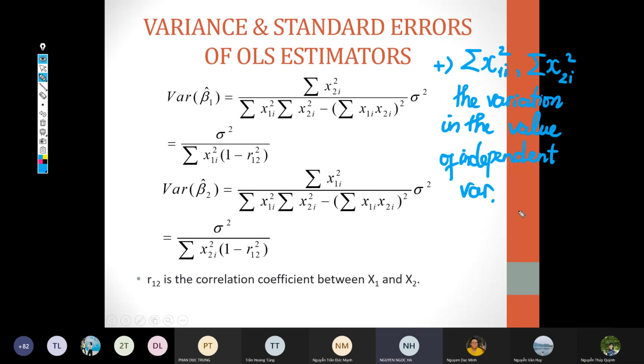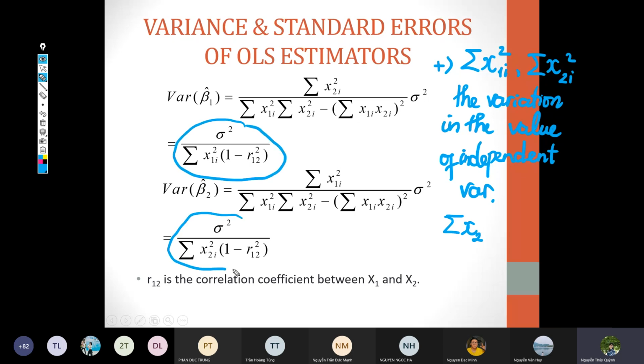The wider the variance, the less precise the OLS is. Look at this formula, it will be easier to judge. When we have higher variation of the independent variables, what happens to the variance of the OLS estimators?